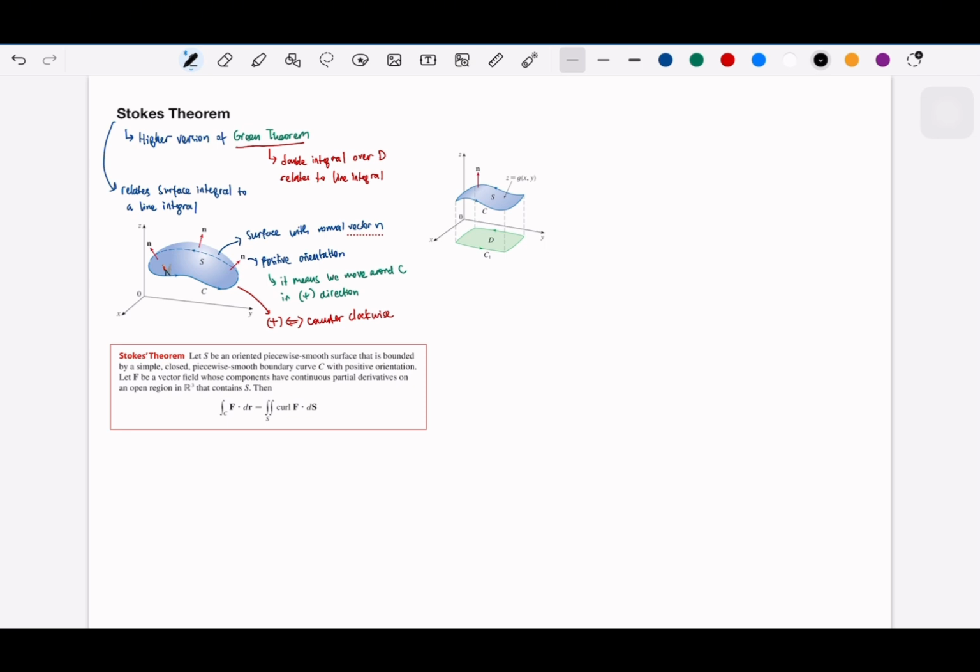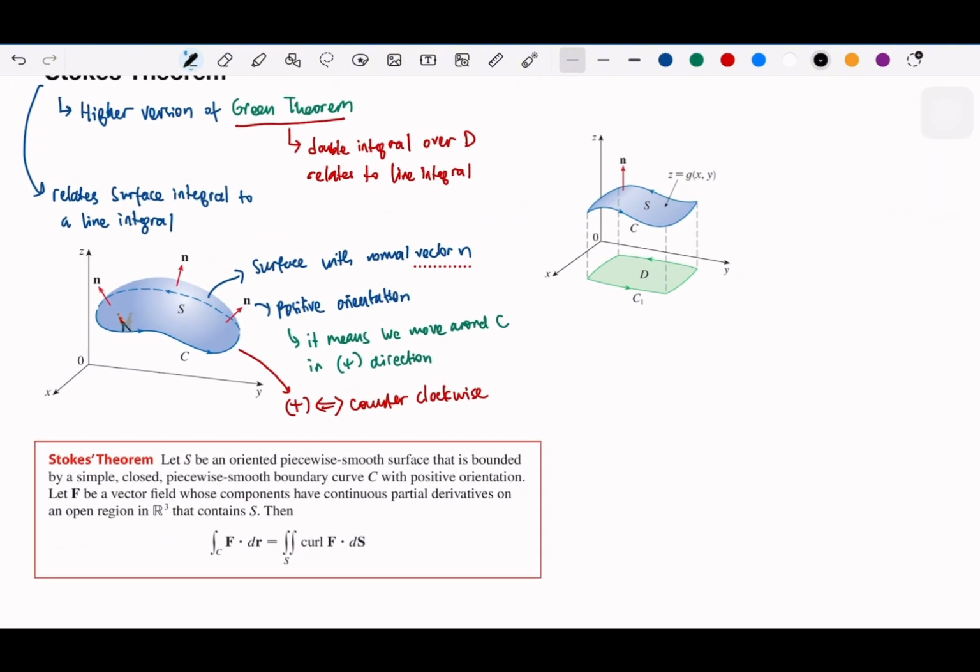Last time, at least, I showed you that we have this definition for Stokes theorem, right? So basically, at the beginning, the orientation should be assumed, and what you need to remember by default is the orientation.